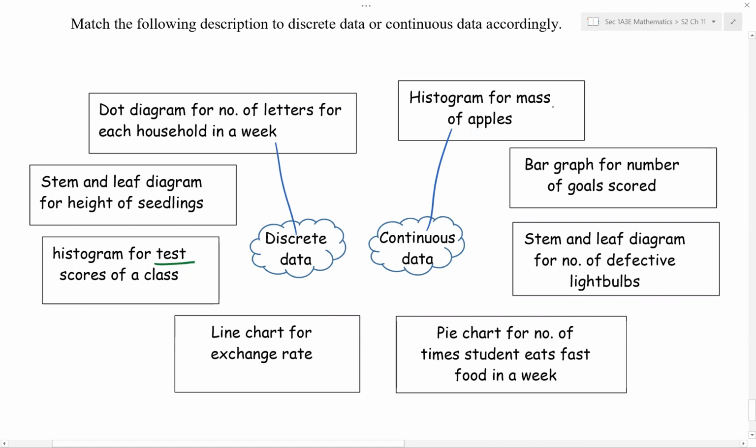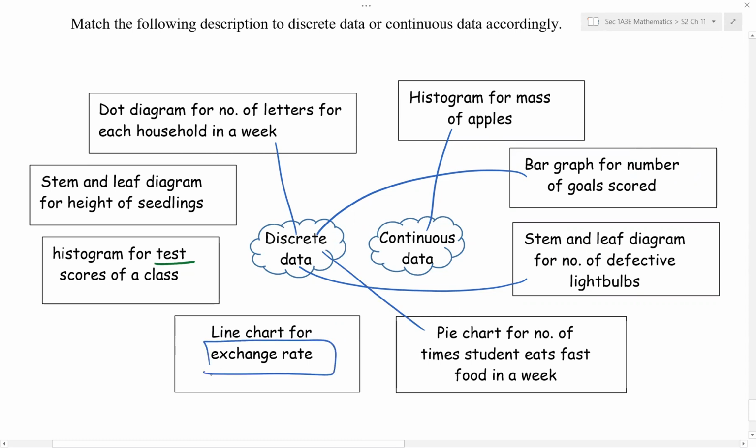Next, you have a bar graph for the number of goals scored. Again, a clue, number of goals scored, that will be discrete. The stem and leaf for, again, number of defective light bulbs, that will be discrete again. Pie chart for the number of times the student eats fast food, that will be discrete. Line chart for exchange rate.